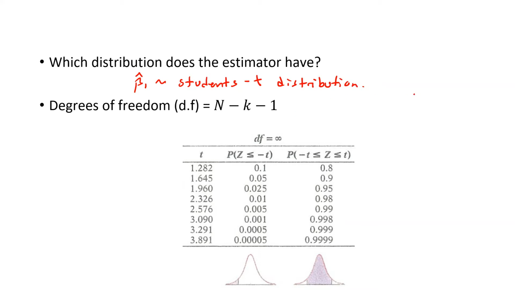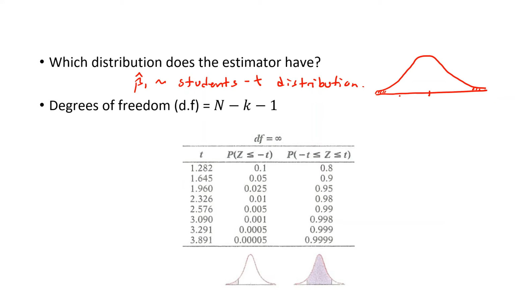Okay, so what does it look like? It actually looks like the normal distribution, but it has fatter tails. So you have to go further away from the mean to cover the same probability as you would with a normal distribution. What's special with the student's t-distribution is that if you have more data, then it converges to the normal distribution.